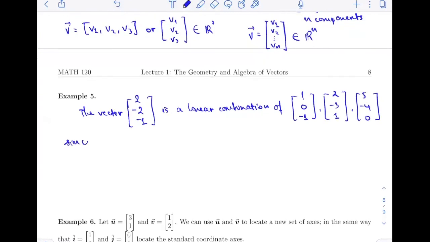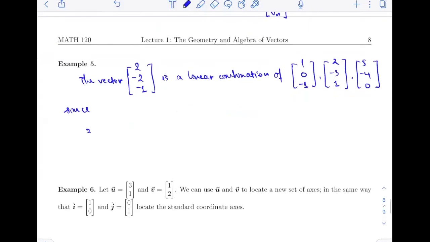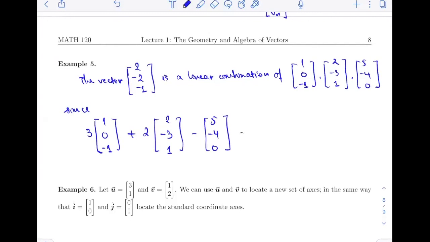That is the case because if you scale 3 times (1, 0, -1), plus 2 times (2, -3, 1), and adding -1 times (5, -4, 0), this is equal to the vector (2, -2, -1). So again, the vector (2, -2, -1) is a linear combination of these three vectors.